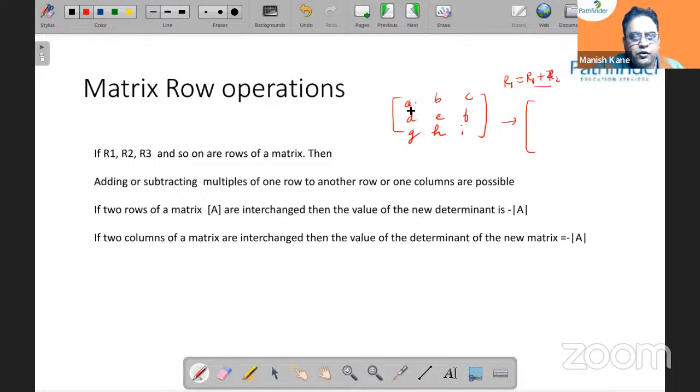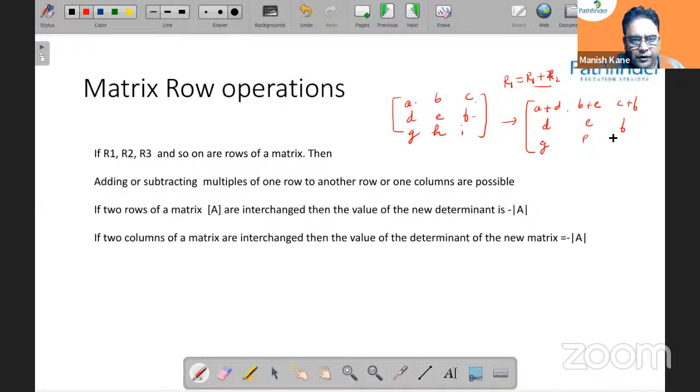That means I replace row 1 by the sum of row 1 and row 2. So instead of A, I will write A plus D. Instead of B, I will write B plus E. Instead of C, I will write C plus F, and the rest remains the same.